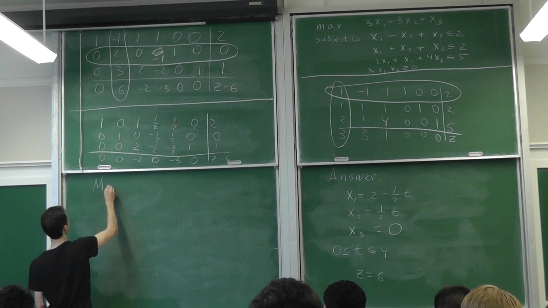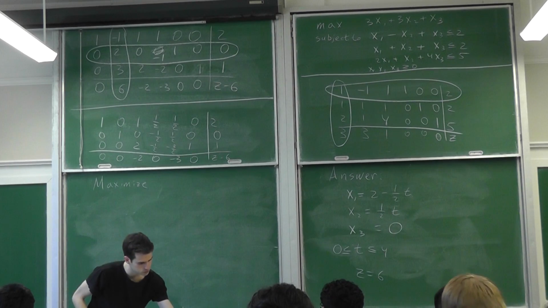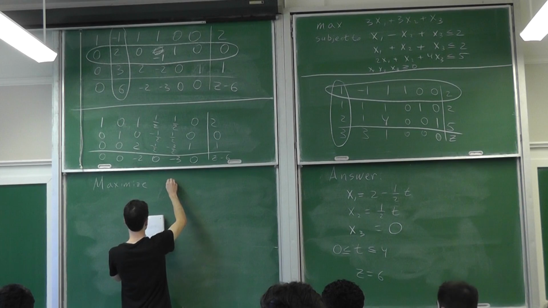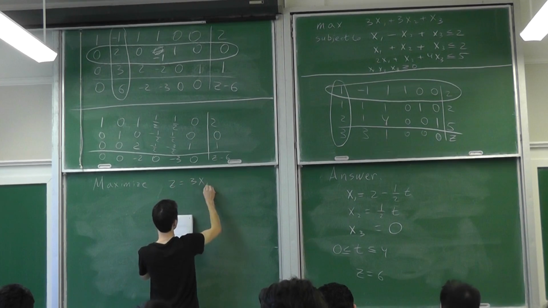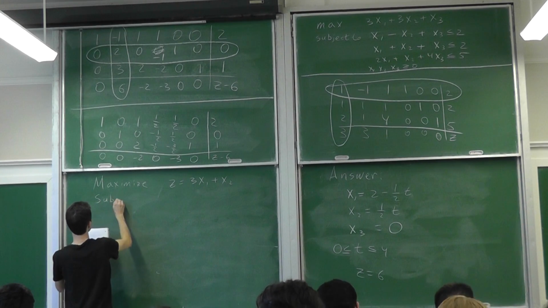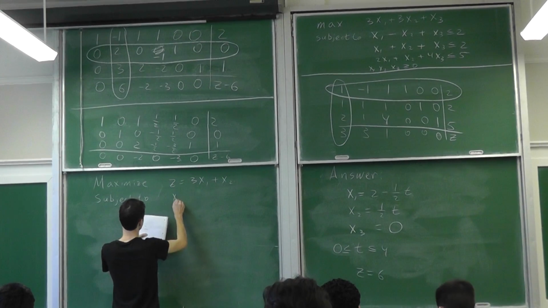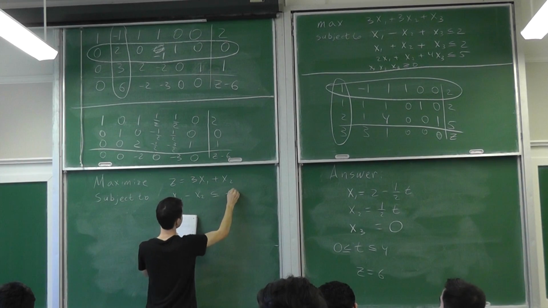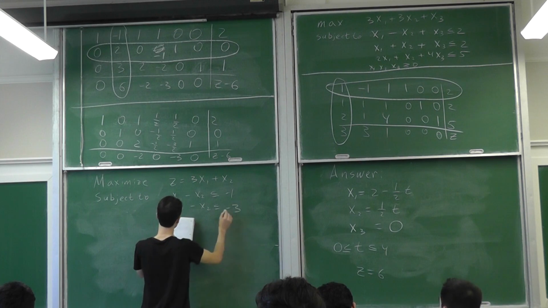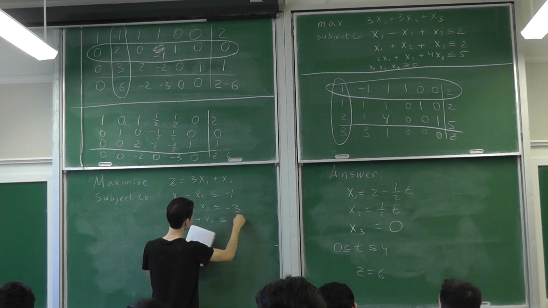So the example is maximize z, which is 3x1 plus x2, subject to x1 minus x2 smaller or equal to minus 1, minus x1 minus x2 smaller or equal to minus 3, 2x1 plus x2 smaller or equal than 2.